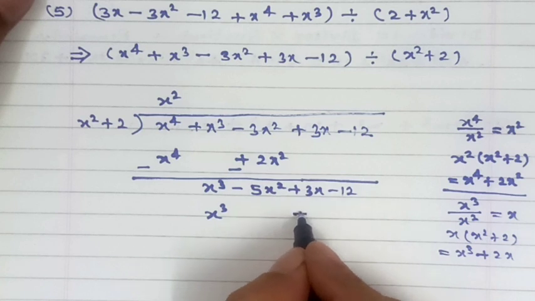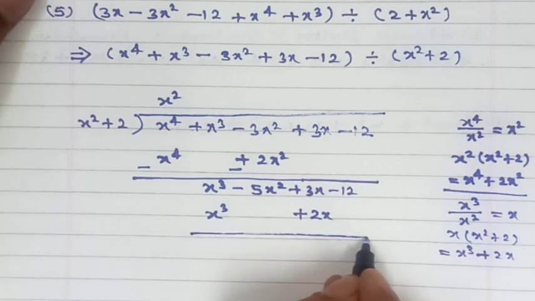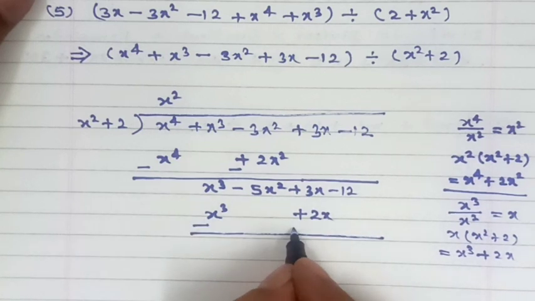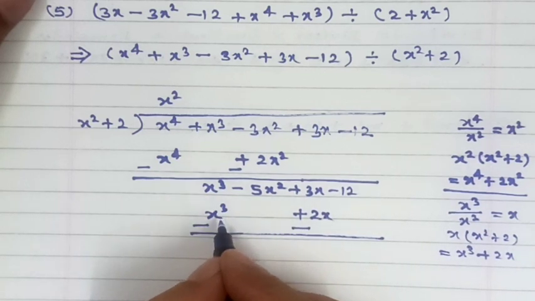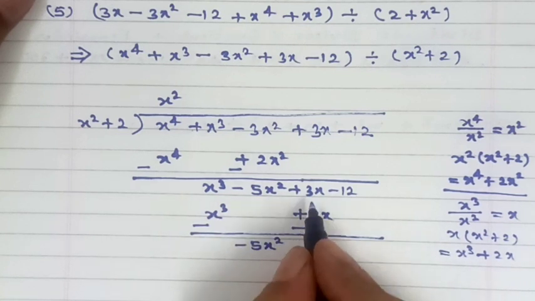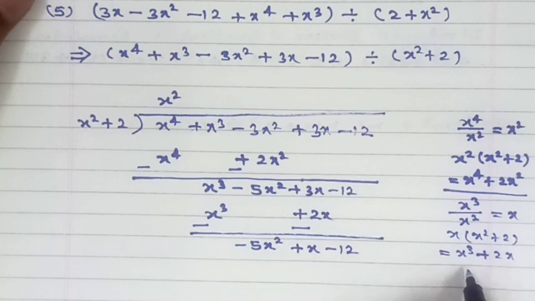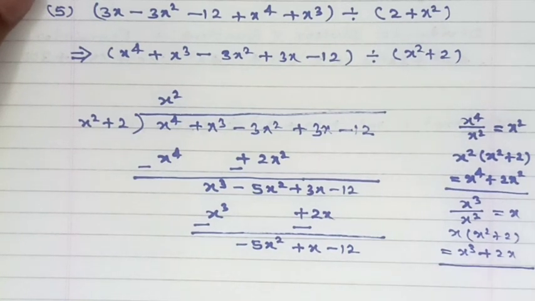So below this you write plus 2x, and then subtract. When you subtract, sign changes. X cube minus x cube is 0. Minus 5x square we will write down here, and then 3x minus 2x will give you plus x and minus 12. Same thing as it is.